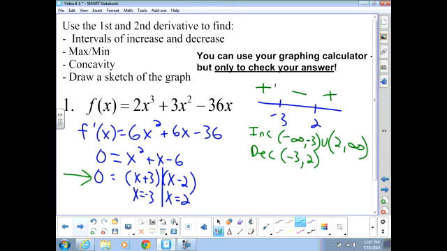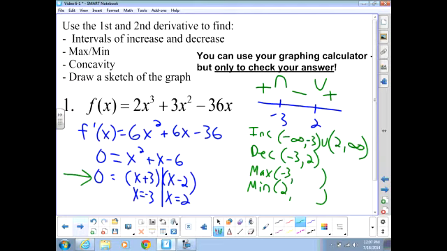So we went increase to decrease at -3, so we'll have a max. Decrease to increase at +2, so we'll have a min. So our max will be (-3, something). Our min will be (2, something). Because they're points in our actual graph, we have to plug them into our original.